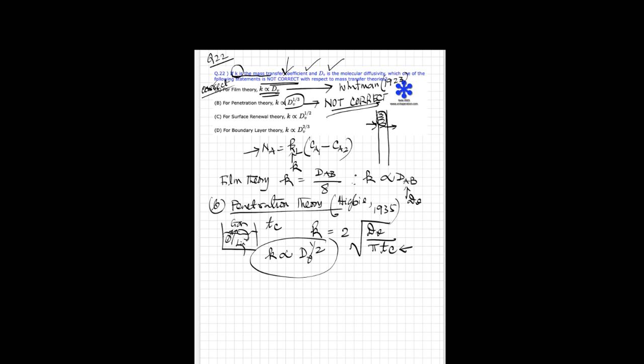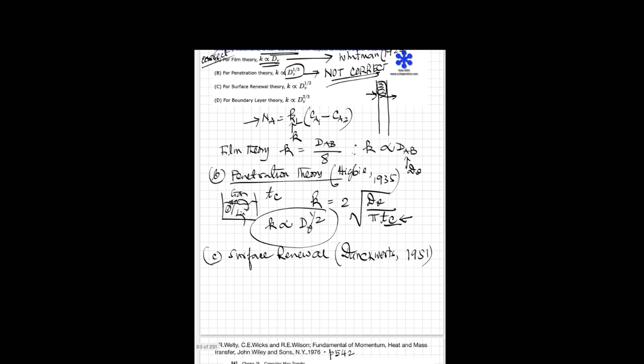We'll look into the other one, surface renewal theory, which is a modification of the penetration theory, because penetration theory assumes a constant exposure time Tc. Surface renewal theory was proposed by the famous scientist Danckwerts, I think in 1951.